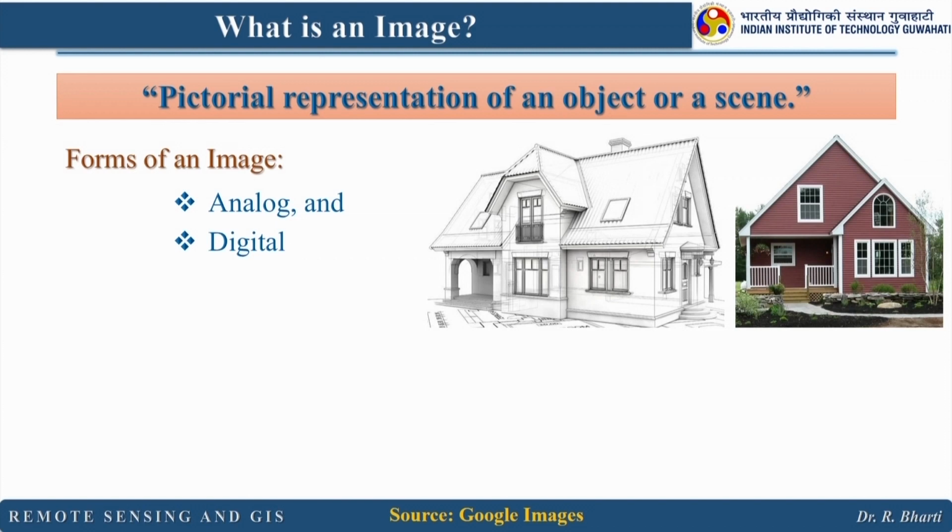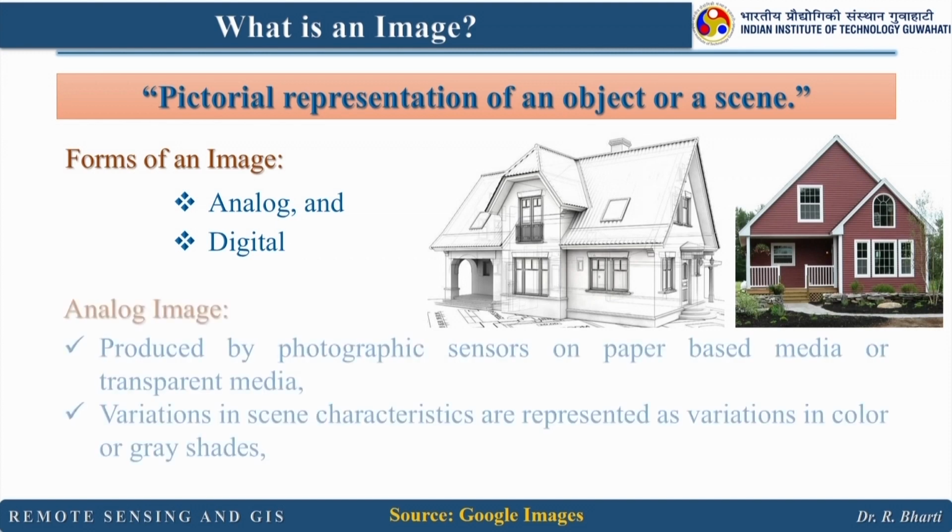The difference is that the first one is analog and the second one is a photograph captured by a sensor. So this is how we understand what we mean by analog image.